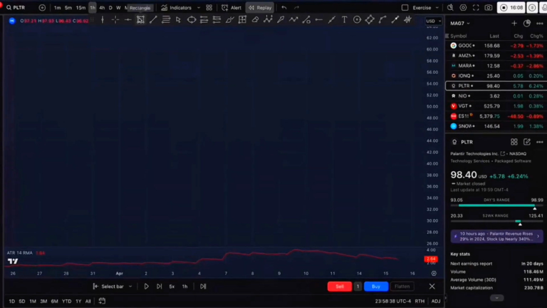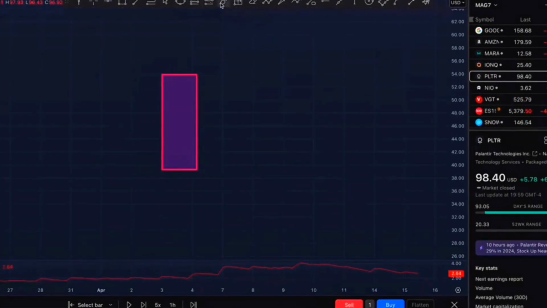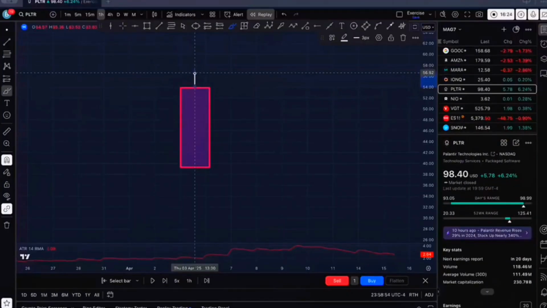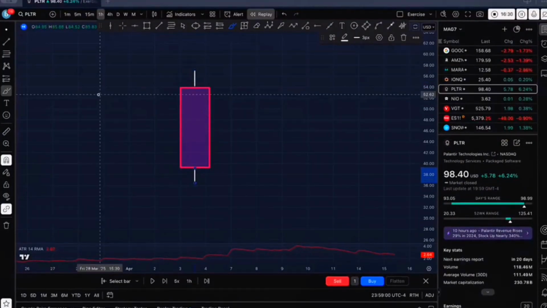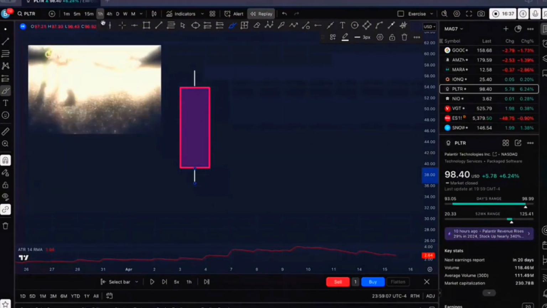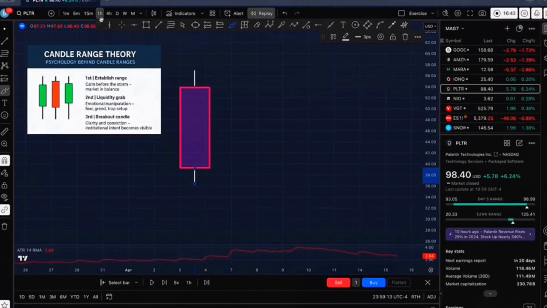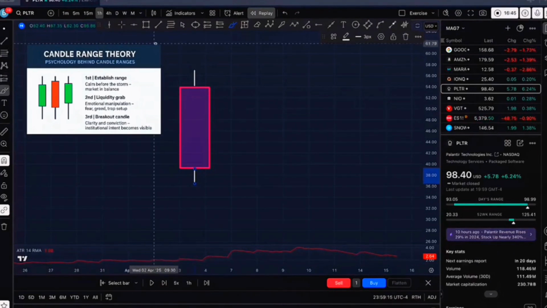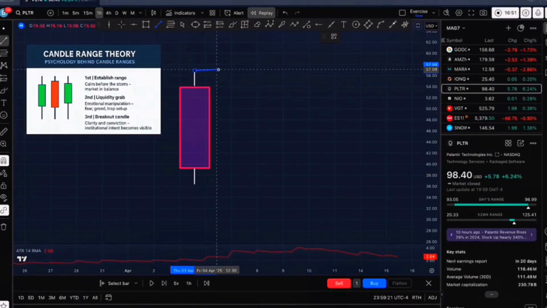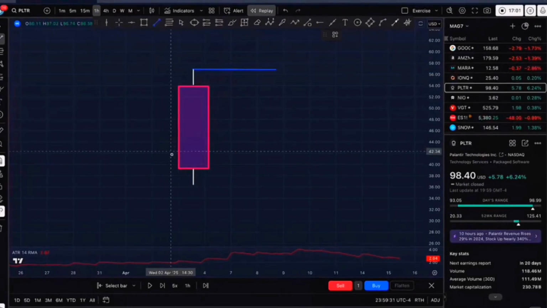So let's say, for example, that we have this bearish candle with its corresponding shadow or wick. The first thing we have when we have the candle here, let's say we are in the 1 hour time frame. Let's say this is our candle range high, and we have the low here, the candle range low.